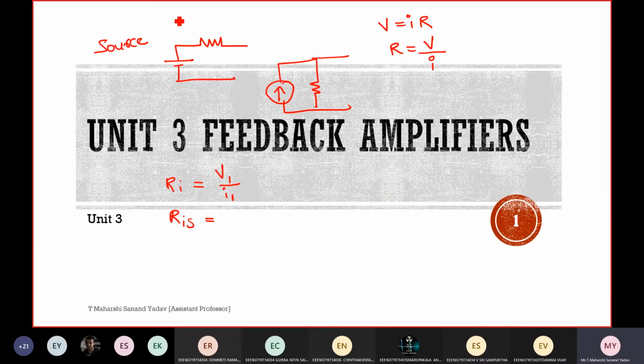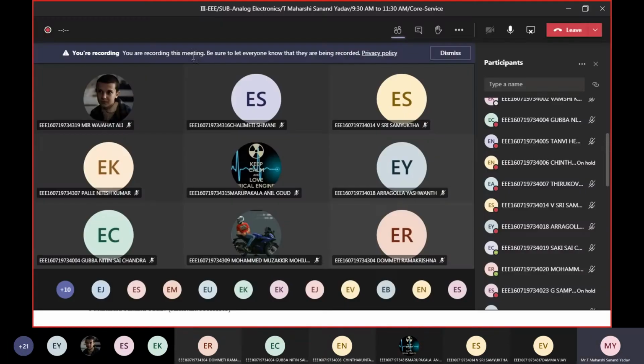Roll number 7. What is this equivalent? Roll number 7. If you're not responding, I'll mark you as absent. Remember that. Roll number 7. Next, 8. 18.